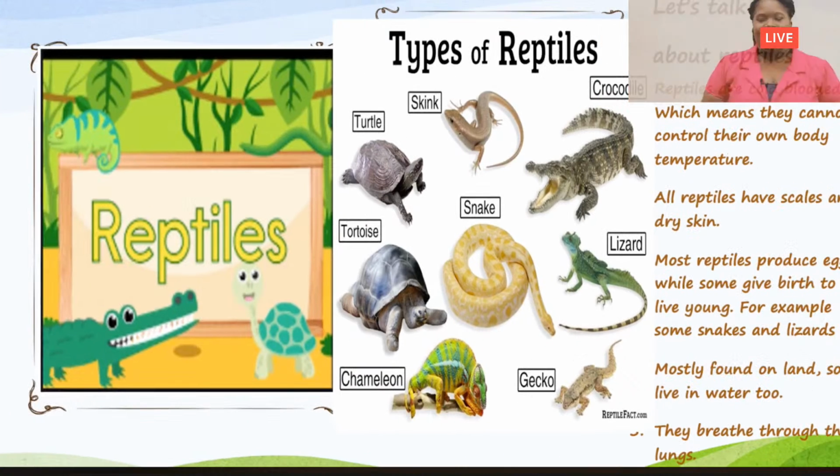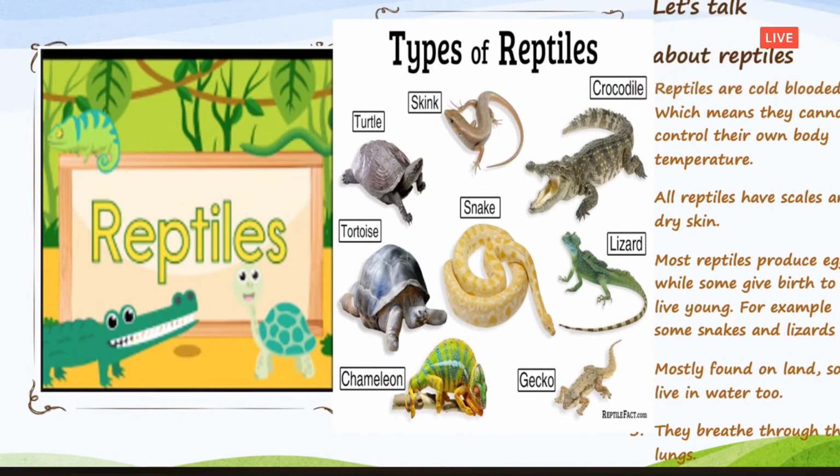Now, reptiles. Oh, it crawls my blood to speak about reptiles. Let's talk about it though. Reptiles are cold-blooded animals. This means that they cannot control their own body temperature.